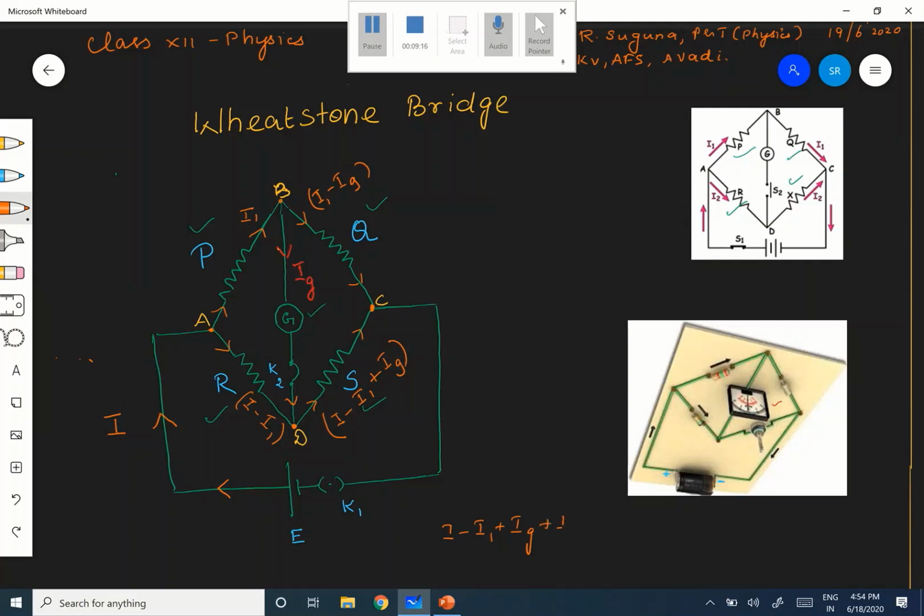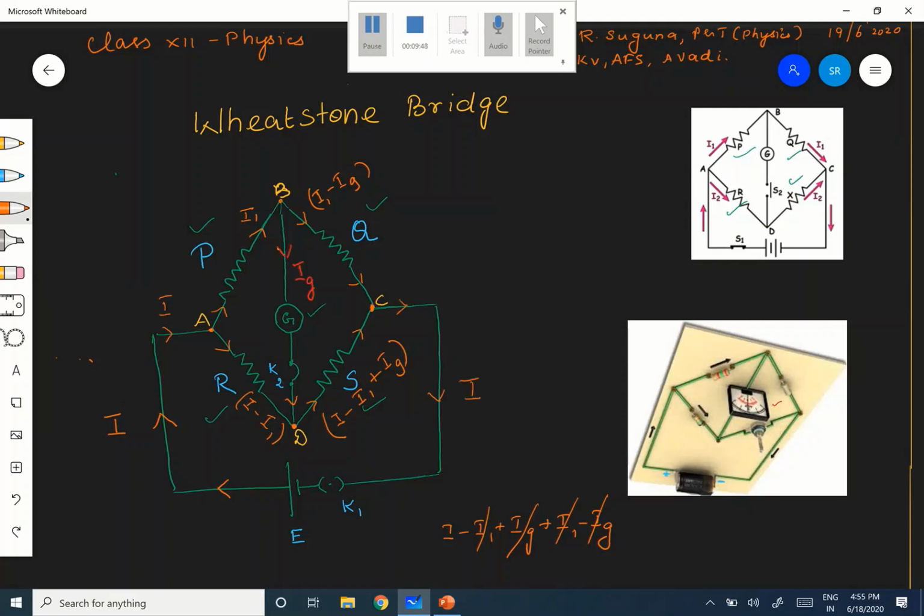Both are entering, so add them. This and this will cancel, this and this will cancel. The current coming here is I, and the current leaving C will also be I.